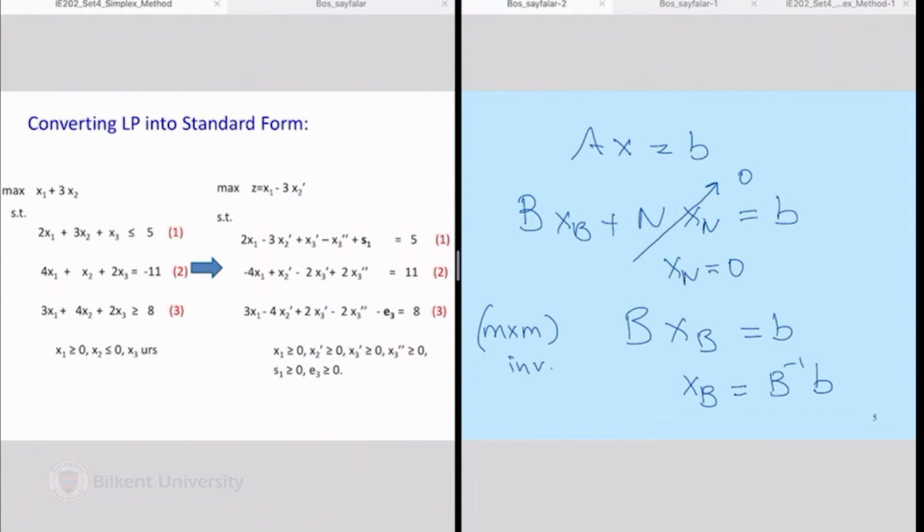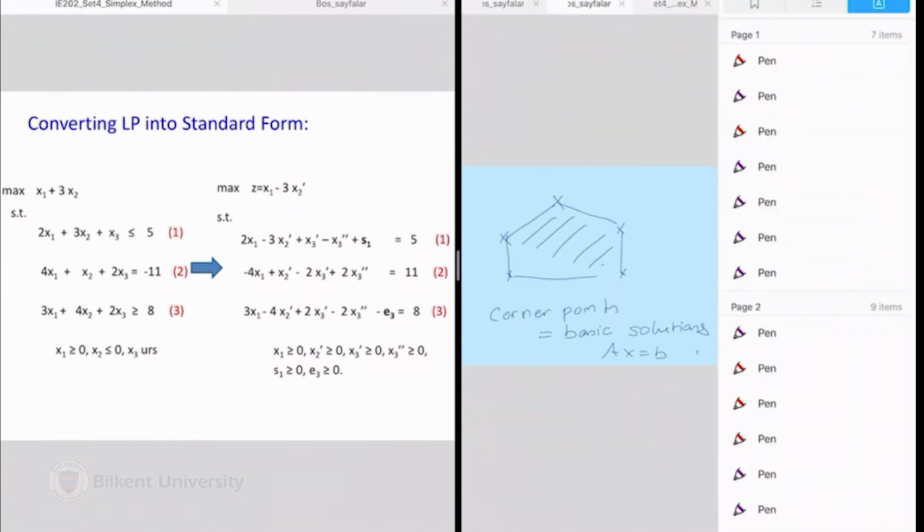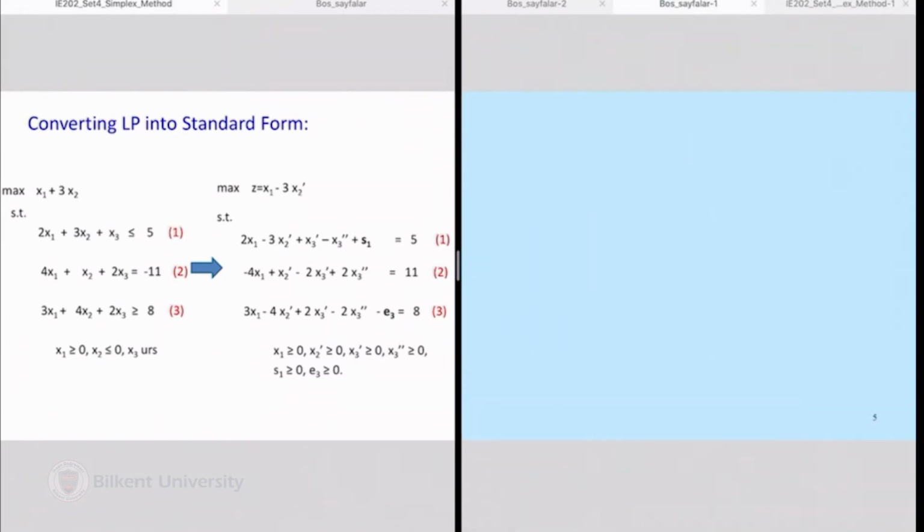Now that solution, x_B equals B inverse b, x_N equals 0, as a vector, is a basic solution.